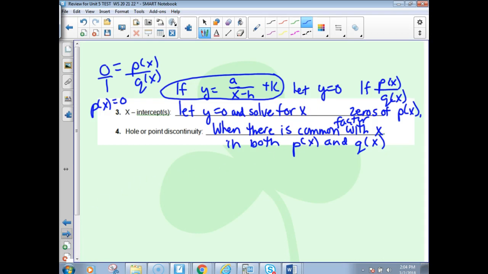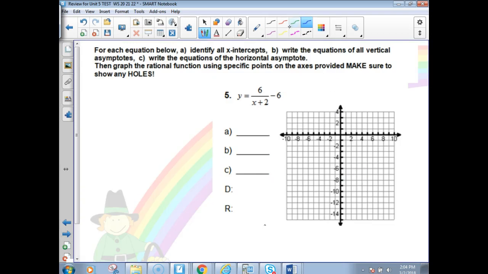No. You get to use your calculators. All right, for each equation, identify the x-intercepts. Did we go over this one? This one's in that form, y equals a over x minus h plus k, though. All right, so if you want to find the x-intercepts, then we have to put in 0 for y.